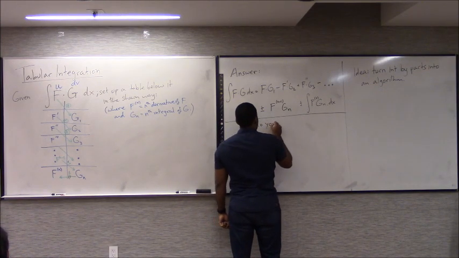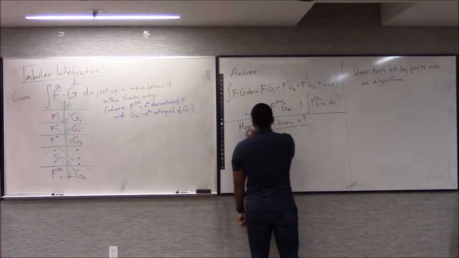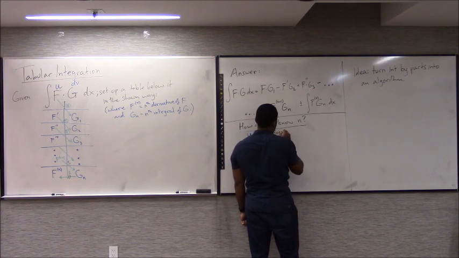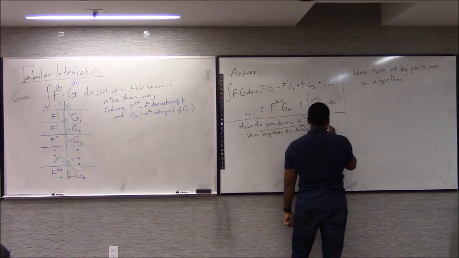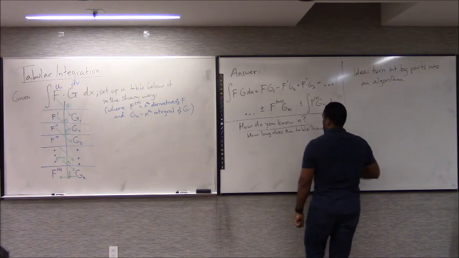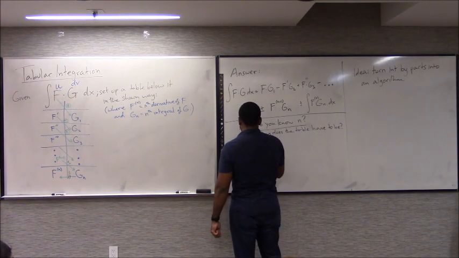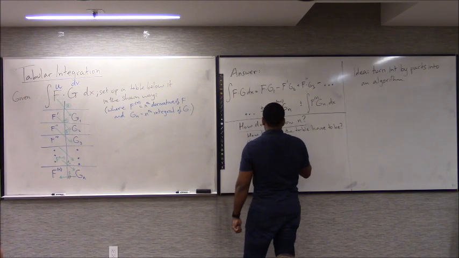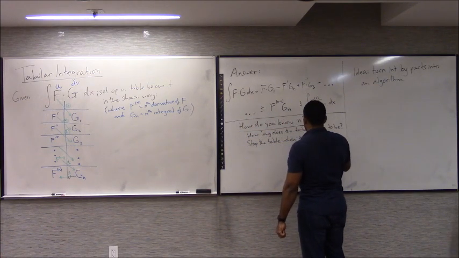How do you know n? That's how long does the table have to be? Well, here's how you know. Stop the table when one of three things happens.